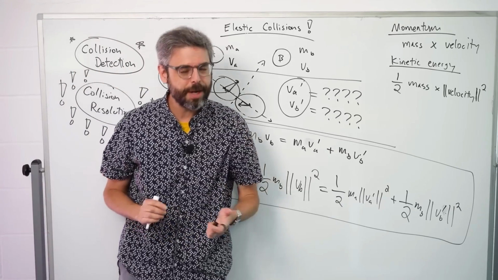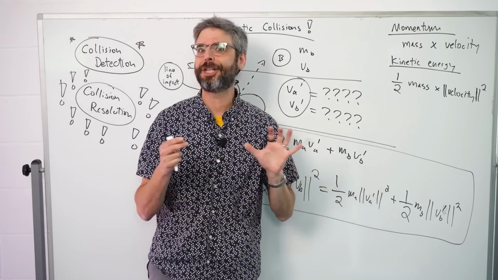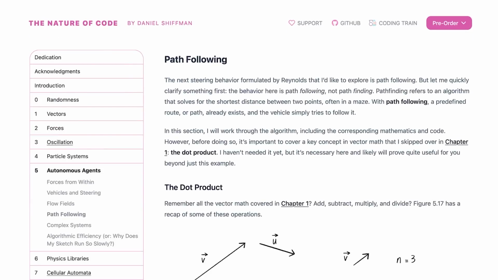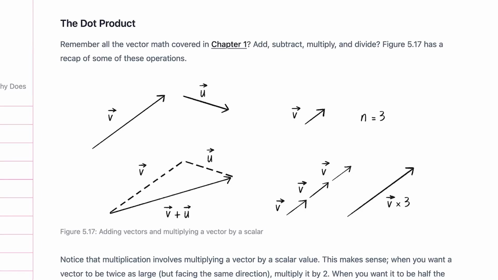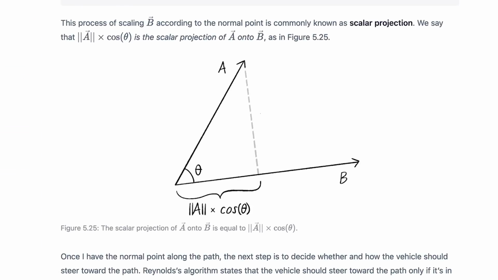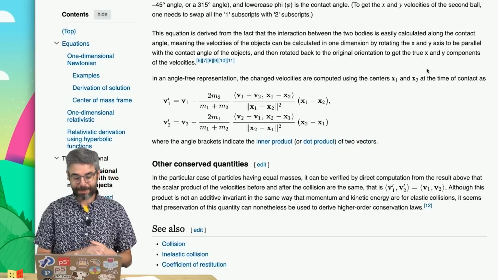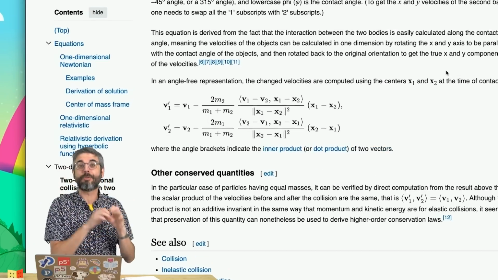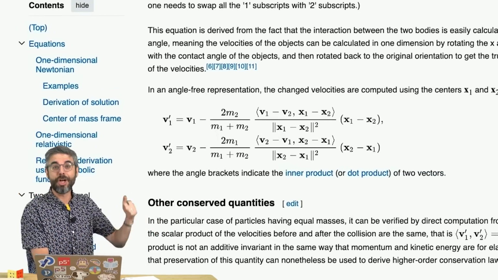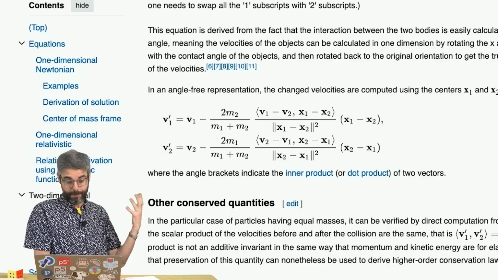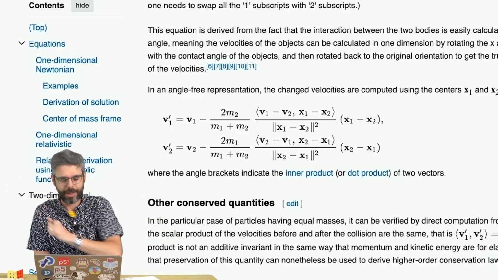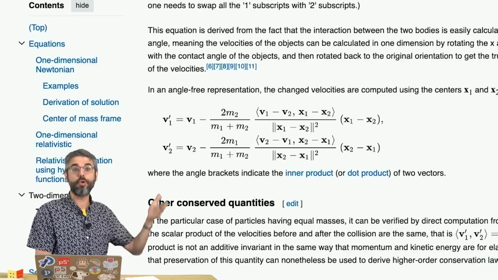This is very much related to the section in chapter 5 of the Nature of Code book, where I talk about the dot product and the concept of scalar projection. Scrolling down on the Wikipedia page, you'll find the result of all of that math, the new velocity for particle 1, or in my case, I'm calling it A, and velocity 2 prime.